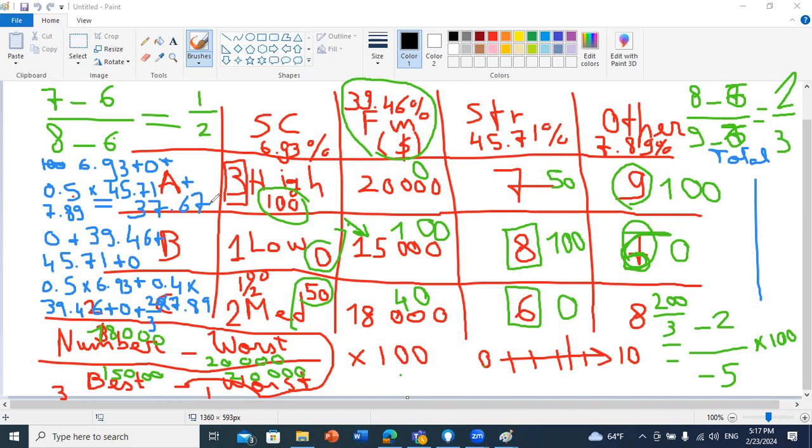So this is the final score for A. Now for B, we do 39.46 plus 45.71. So 85.17. So of course B is much more important than A.